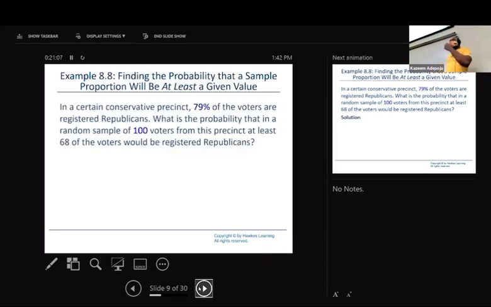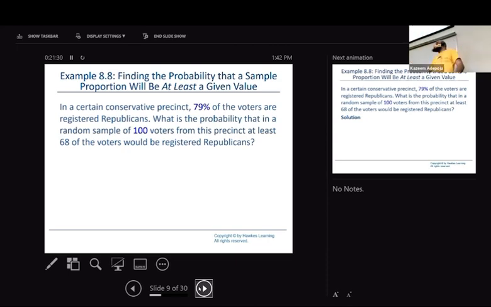Now, I want to walk us through an example, just like what we did on Friday. On Friday, we were focusing on the sample mean. I remember we asked: what is the probability of a sample mean less than a value? Greater than a value?